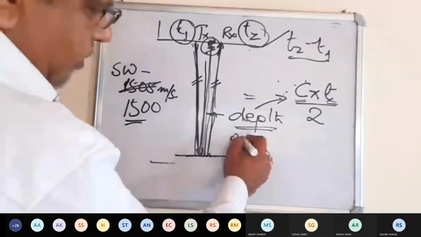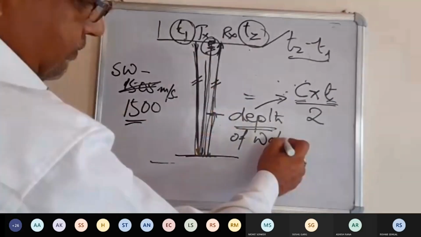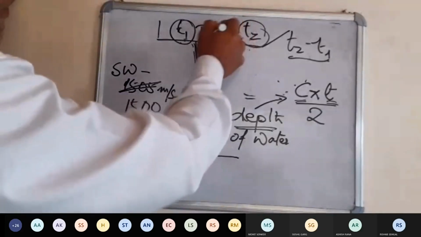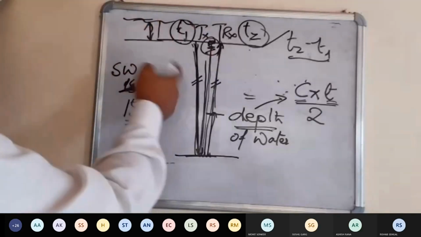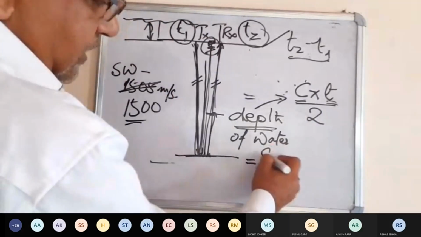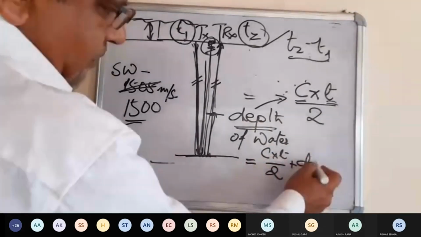If we are seeing depth of water, basically, actually this was UKC. If we talk about depth of water, then we must add the draft. The draft should be added to the UKC. So this becomes C into T divided by 2 plus the draft.